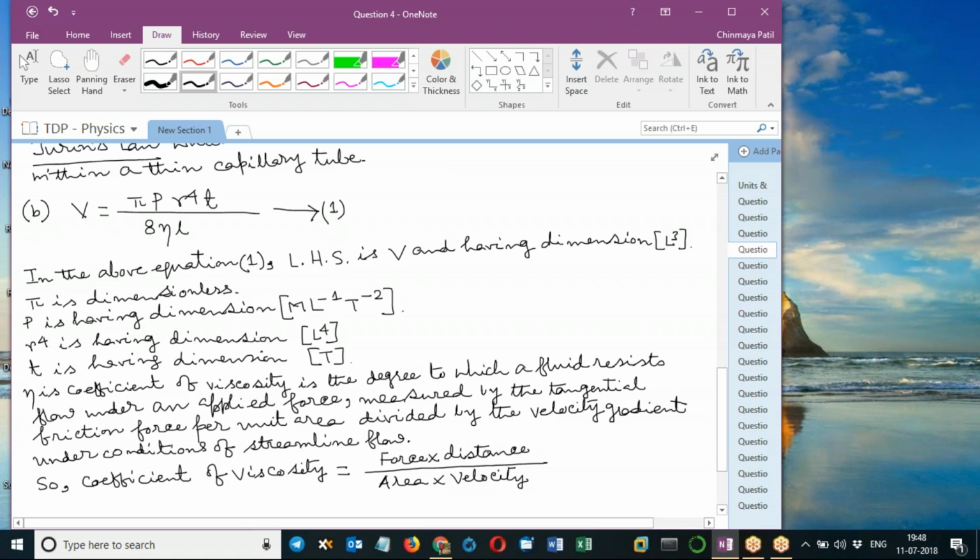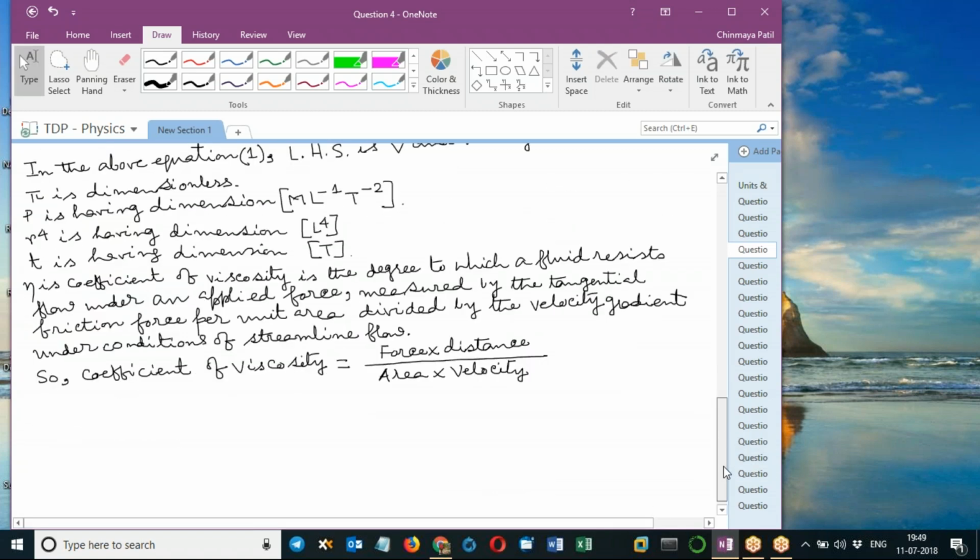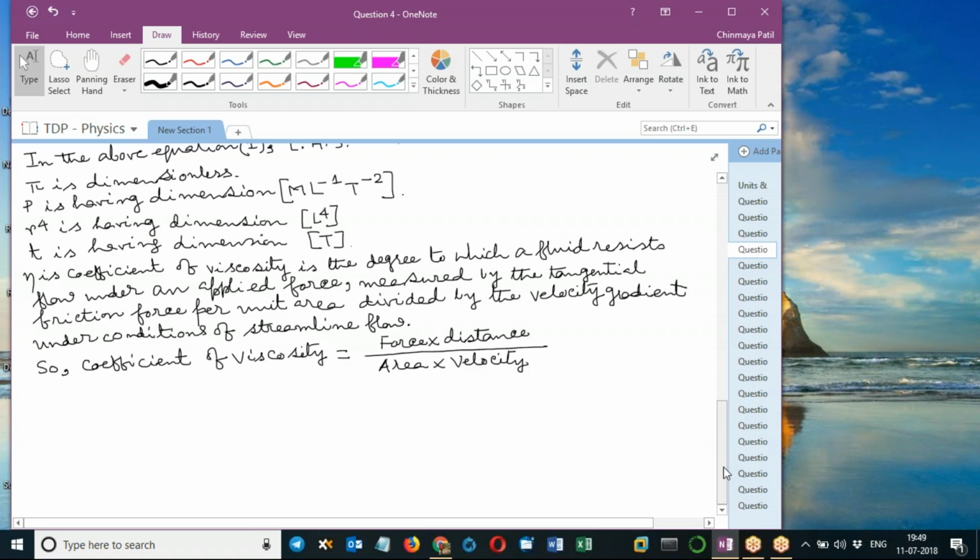Correct? So as we know that coefficient of viscosity is described by eta, from here what we can write?